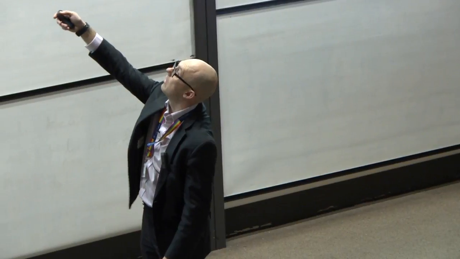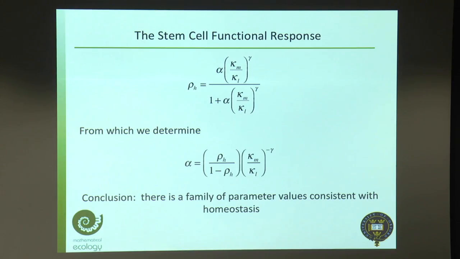We can write down a functional response. We can write down a mathematical expression that says how we link the number or the proportion of cells that need to be made to what's already there. And we start by doing that in homeostasis, where the system is not being perturbed. So we think of this, rho H, as the number of myeloid cells or the number of lymphoid cells that are being produced in homeostasis to maintain the body in a fixed state.